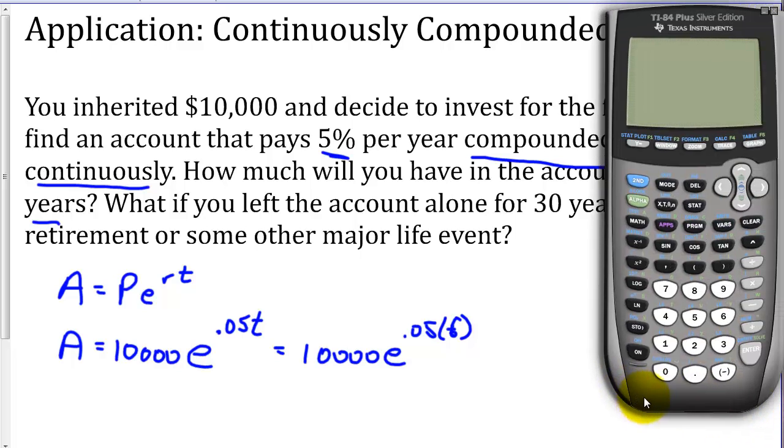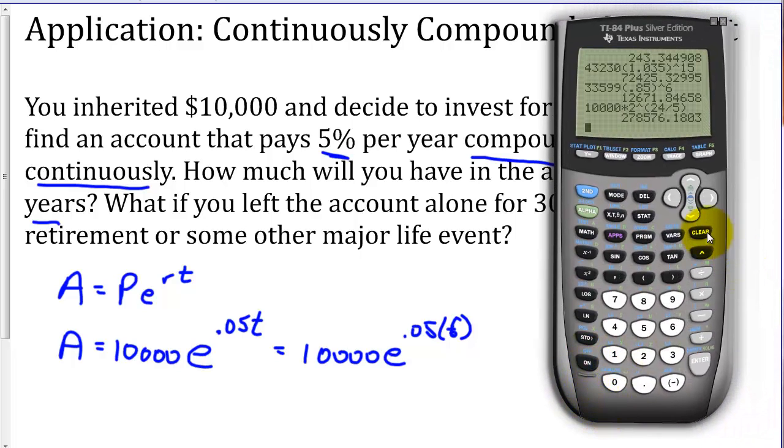Now we can bring up the calculator. To get E raised to a power, we don't want to type in the decimal approximation. Above the natural log button on the Texas Instruments graphing calculator, we can get E to a power. So I'm going to press the second button to get that. I'm going to enter my 10,000. And now I need to get my E to the X power.